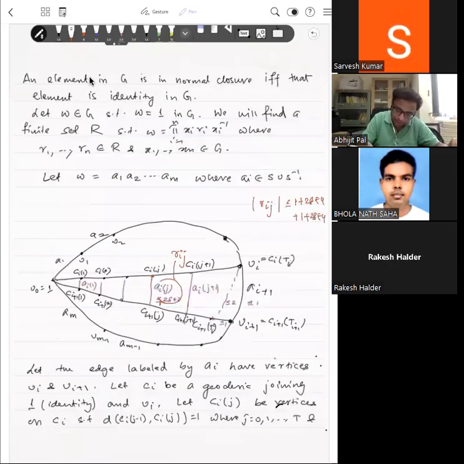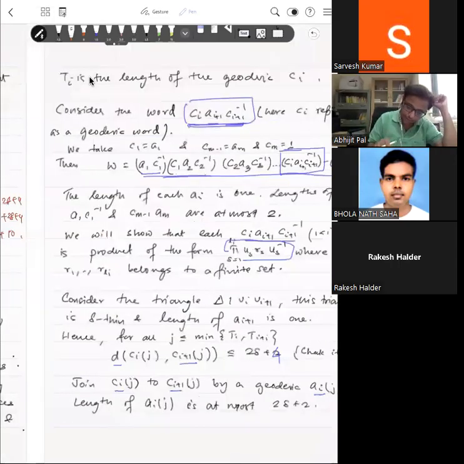For all these loops, the length will be at most 4 delta plus 10. So since this is a finitely generated group, there are finitely many choices of this Rij.